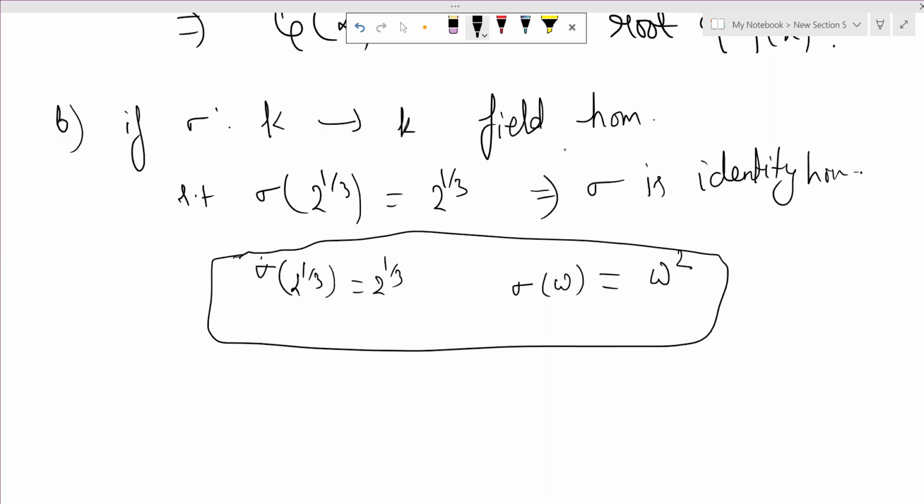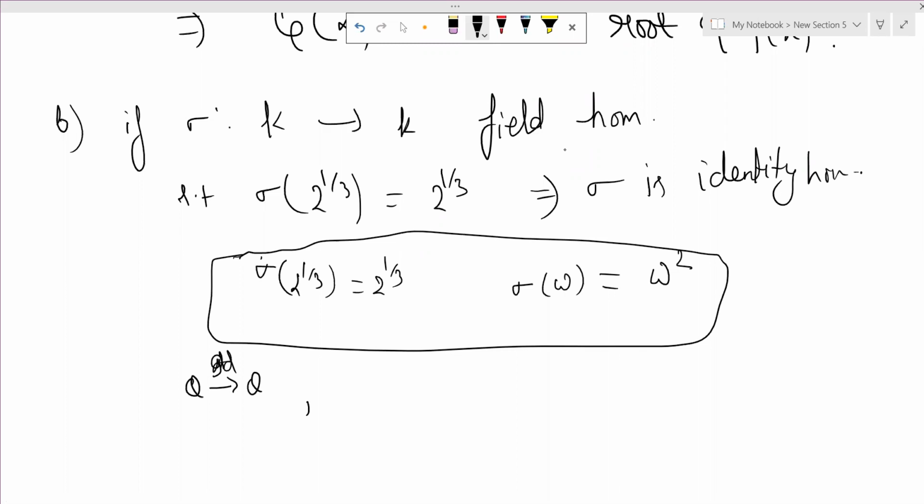Why is it not the identity homomorphism? Since omega does not go to omega, and it will give you a homomorphism. Q should already go to Q, identity basically, and what are the other elements? Omega and 2 to the power 1/3. Omega goes to omega square, 2 to the power 1/3 goes to 2 to the power 1/3.